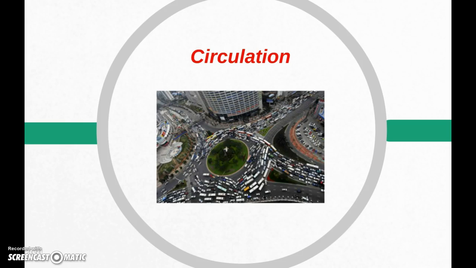Or it could also mean something like just having wide enough streets for the day to day getting around in a city. So circulation in this case in urban planning means traffic and pedestrian flows.